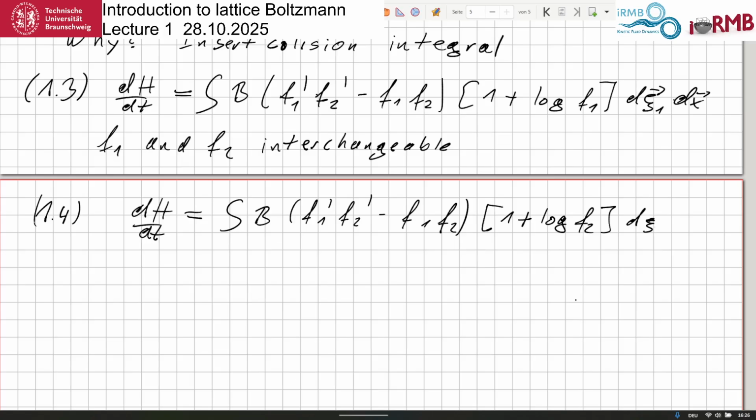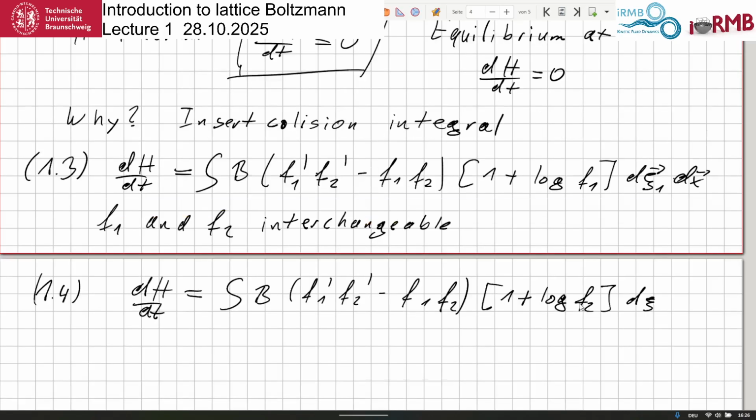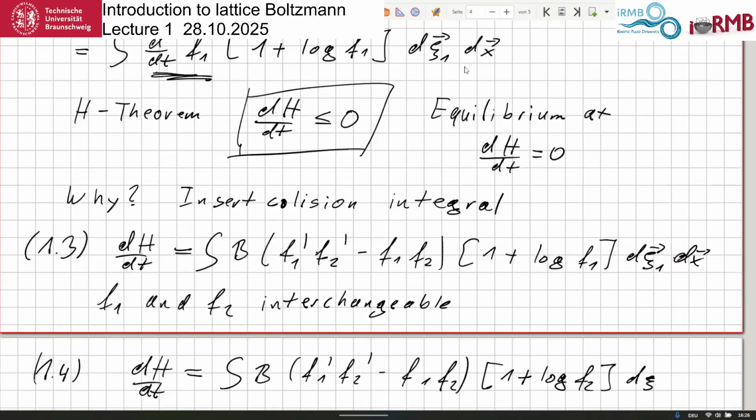okay, I made a mistake. Who saw this mistake? Here, with the integrals. Because this temporal integral goes over xi1, but the collision integral goes over xi2. And because there is no xi2 in this, I can put this at the end, right?